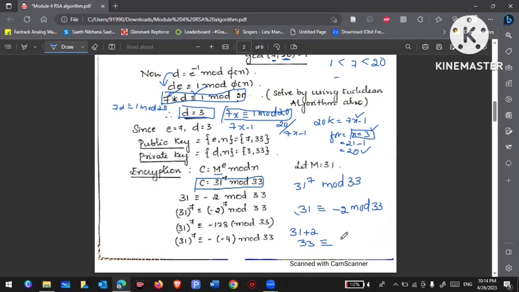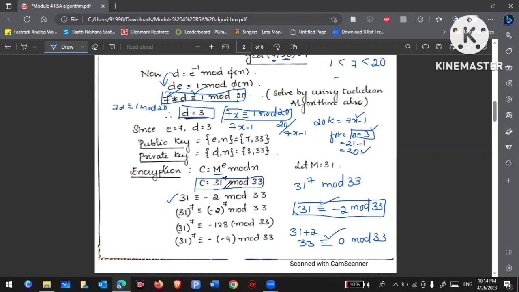Obviously, we'll get 0 mod 33, which is satisfying. Therefore, addition modulo, if we are using, we can write this as true. So, 31 congruent -2 mod 33 is true. Here we have mentioned in this step 31 congruent to -2 mod 33.